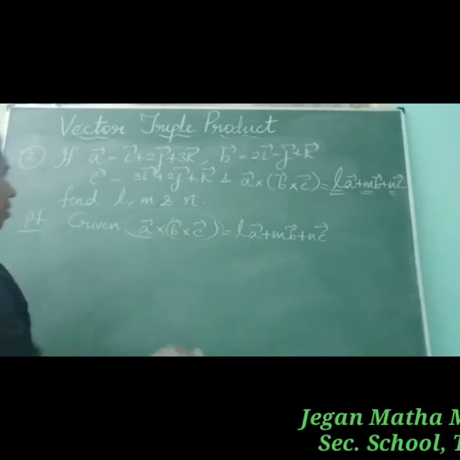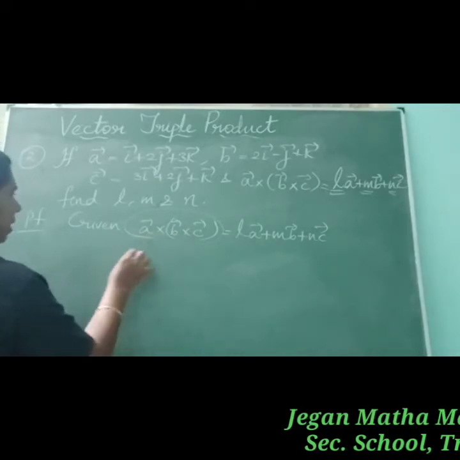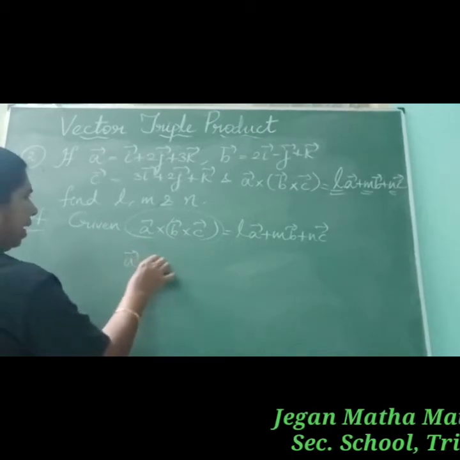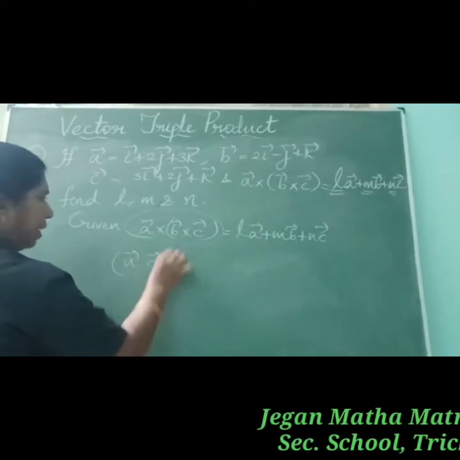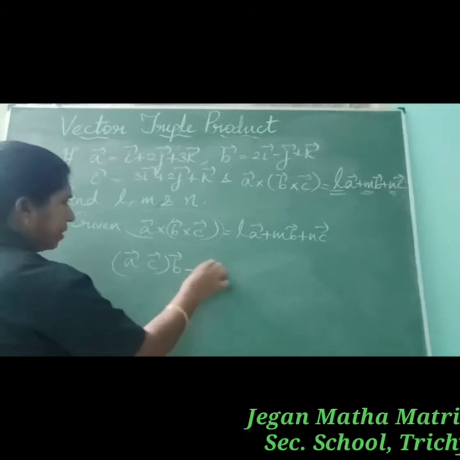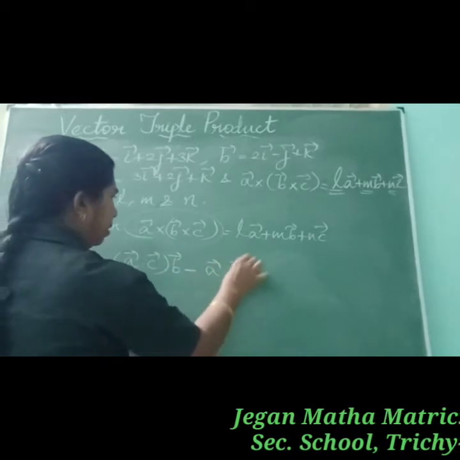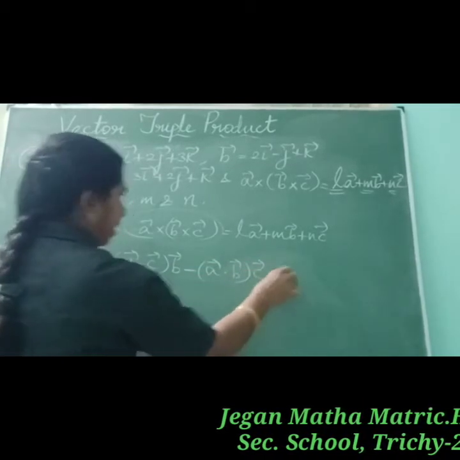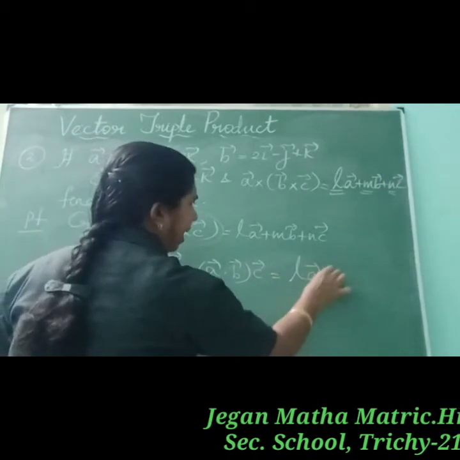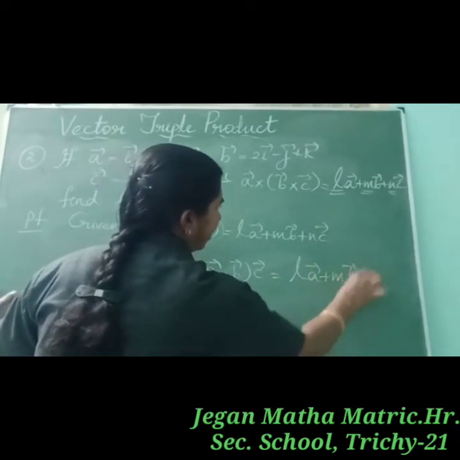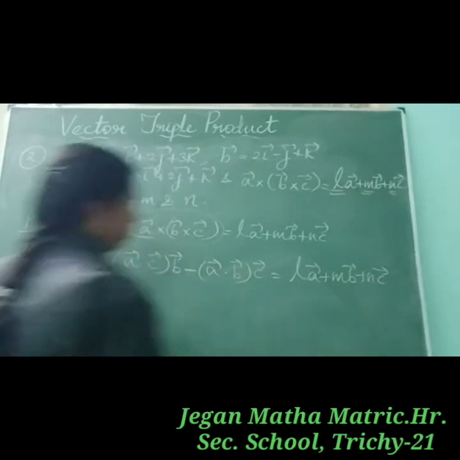A cross B cross C can be written as (A dot C) into B vector minus (A dot B) into C vector, which is equal to LA plus MB plus NC vector.